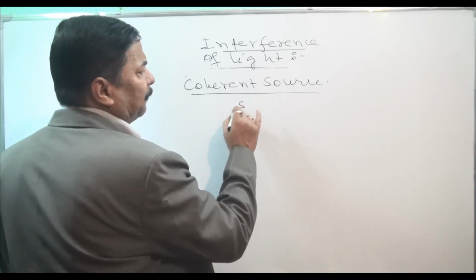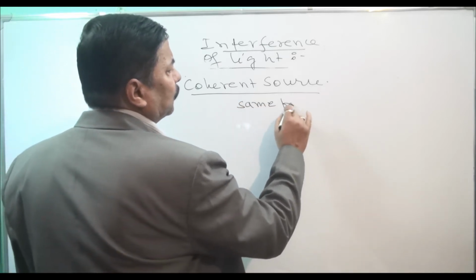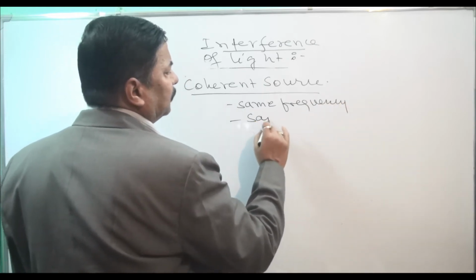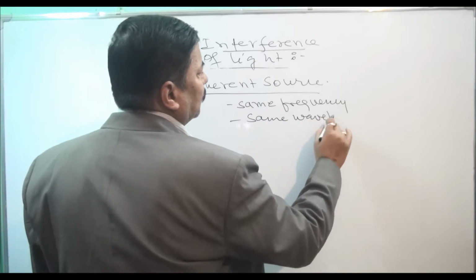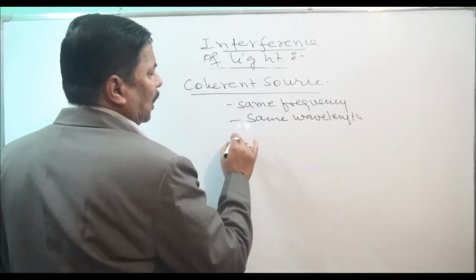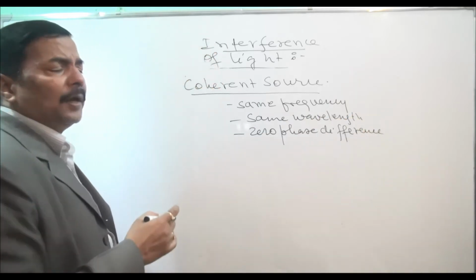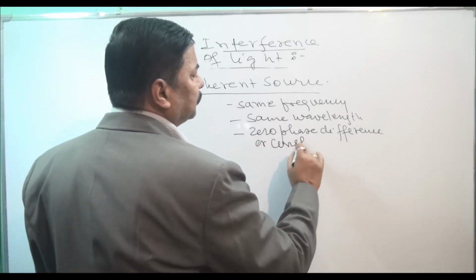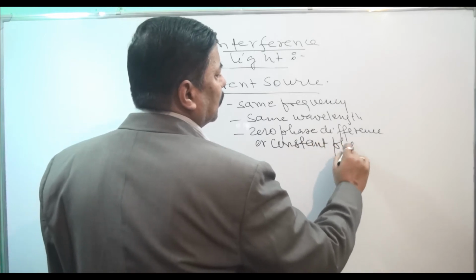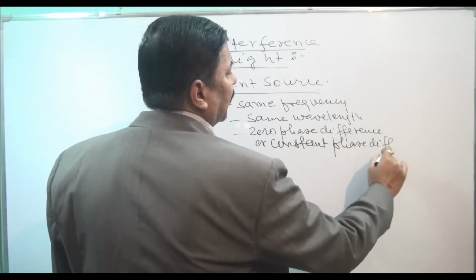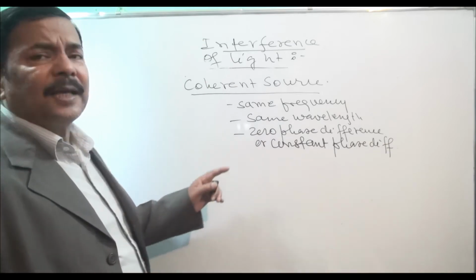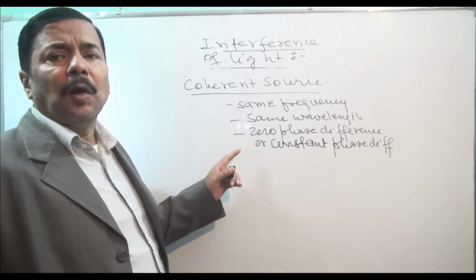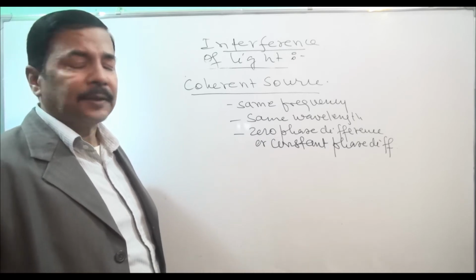So same frequency, same wavelength, and third point is between two waves zero phase difference should be there or constant phase difference should be there. If these conditions are satisfied by two sources of light, then we call them coherent sources.